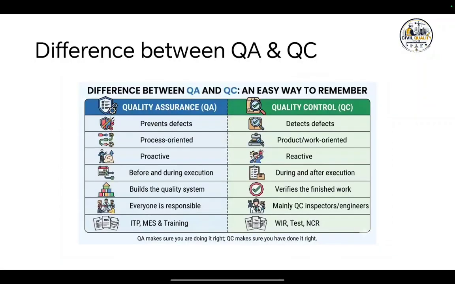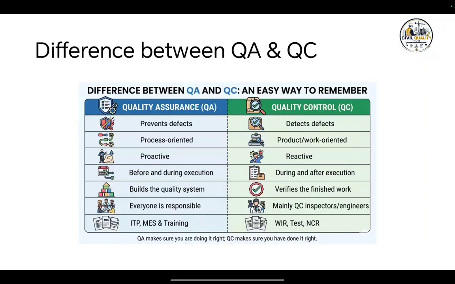So let us come to the fifth slide. What is the difference between QA and QC? If you see this image over here, you will understand it very easily. So let's start comparing QA and QC. Quality assurance is a preventive measure, so it prevents defects. Quality control detects defects.